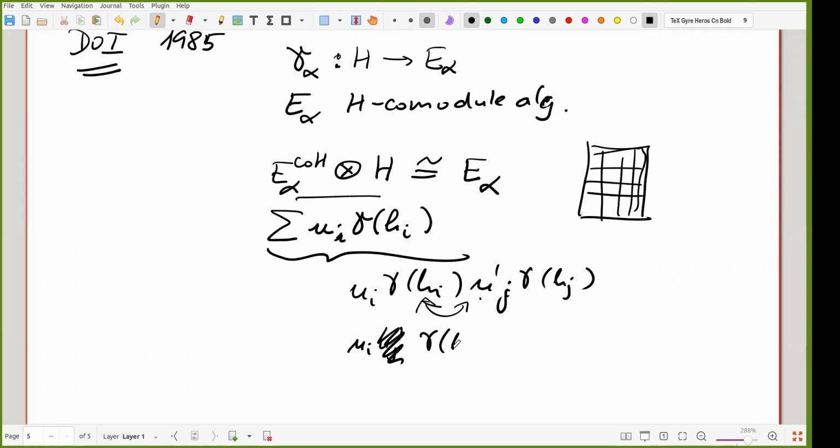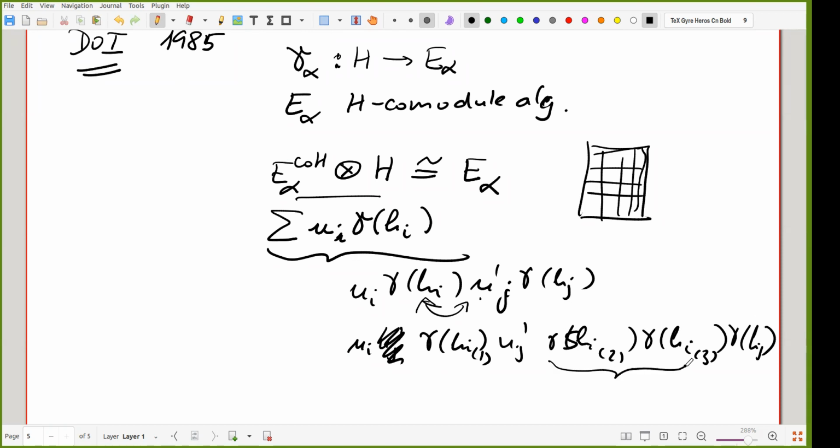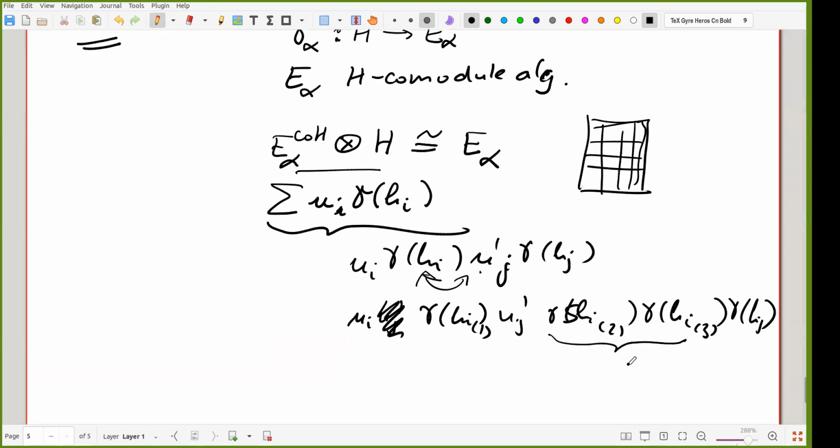I will do gamma h_i, U_j prime, gamma h_i1, 2, S, gamma h_i3. Now something horrible. This is something from Hopf algebra theory. This here is basically nothing. It's basically something like epsilon of h_i2 or whatever. This is something that is expanded from the unity.